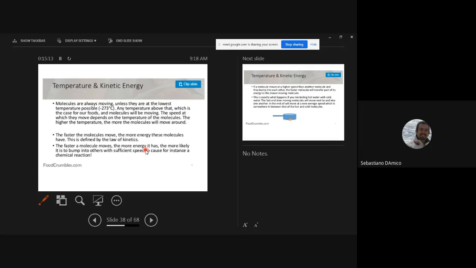So this potential energy now depends on the height, let's say 2 meters above the ground, and it depends even on the mass. But we keep the mass constant in this experiment, okay?